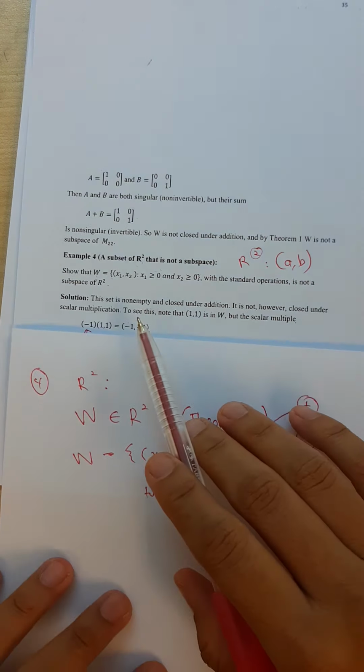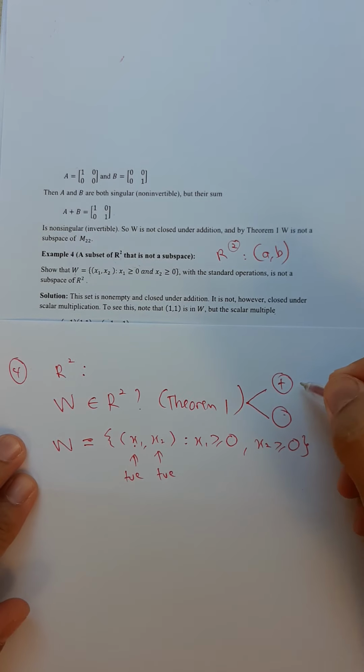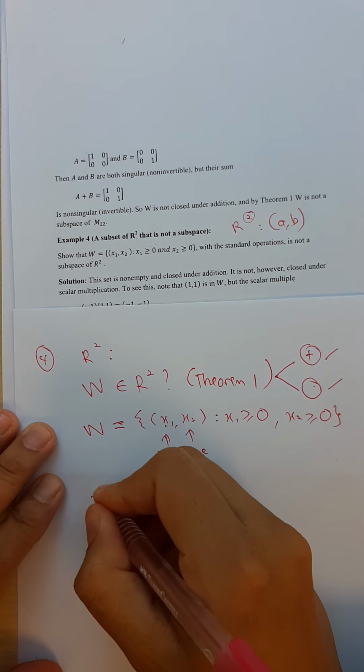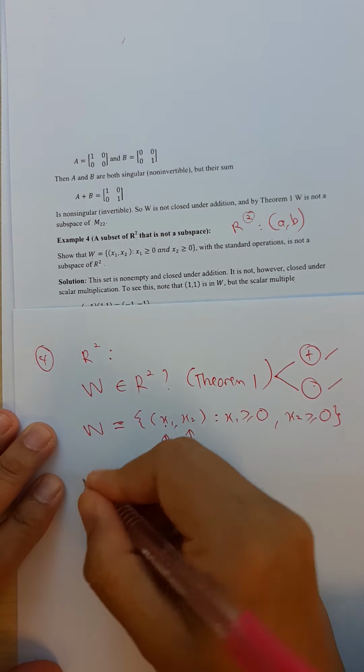So first of all, let's check. What are we supposed to check? We are supposed to check the addition and also the scalar multiplication. So let's check the addition part. For the addition, you're going to have to extract two examples from the particular set given to you. In this example, you can take A, B. Remember, A and B both have to be positive numbers because W is defined in such a way that the first coordinate and the second coordinate are positive numbers.